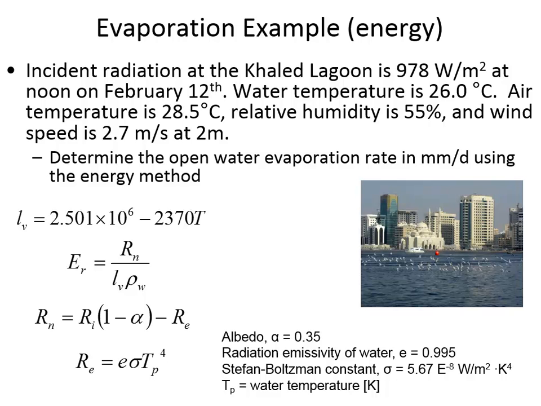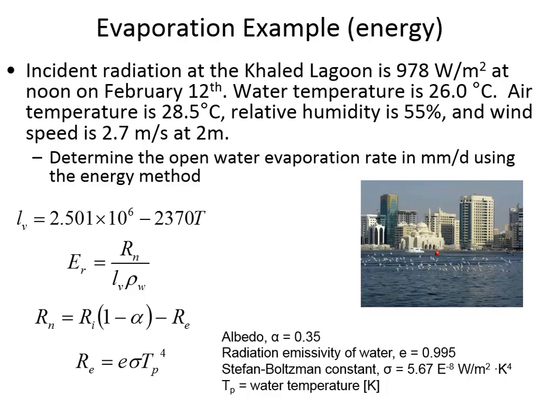Now, the other thing that we have to keep in mind is that this radiation measurement was at noon, and so we're extrapolating the evaporation rate at noon over the entire day. And obviously, you're not going to have the same radiation at noon as you are at midnight.